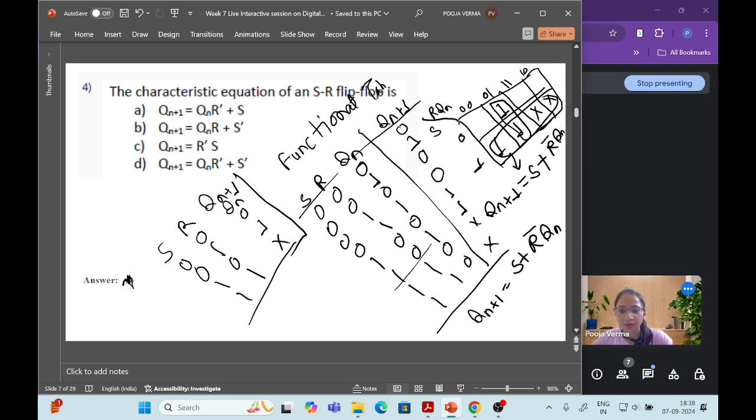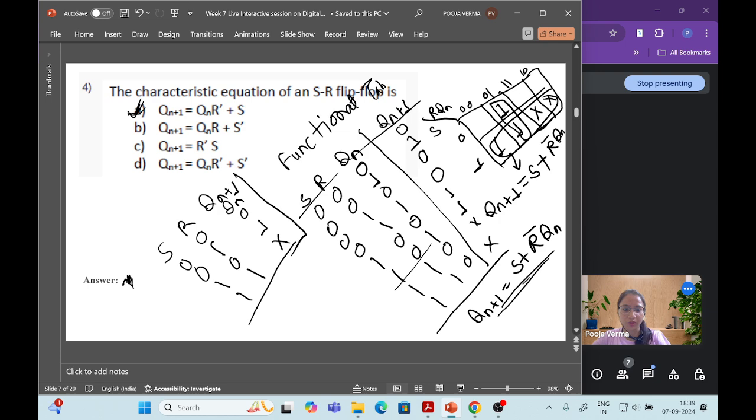So let's check from the answers. Option A is Qn plus 1 is equal to Qn R dash plus S. Option B is Qn plus 1, next state output, Qn R plus S dash. So option A is the only correct answer. Already we have solved this. Okay. I hope all of you have got this.